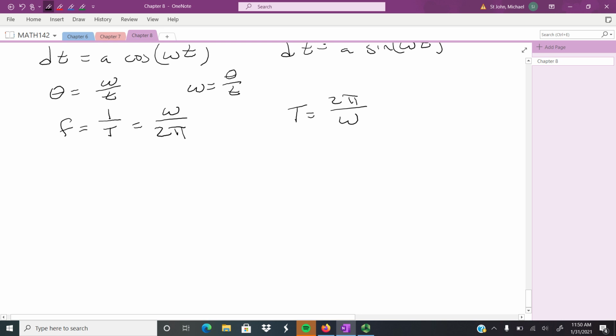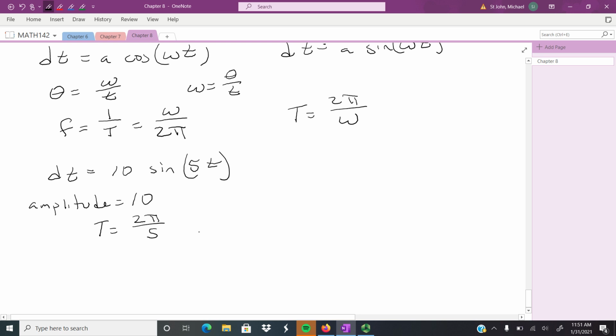So you're given something like this. So d(t) equals 10 sine 5t. Right? Well, the amplitude is 10, and the period T is going to be 2 pi over 5 seconds.